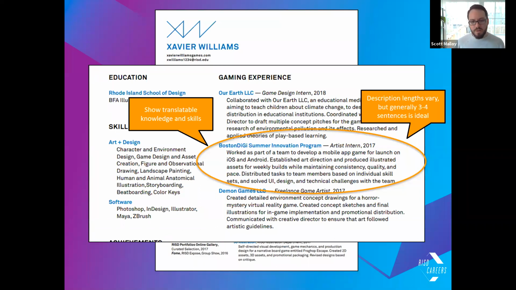Some might be slightly longer than others. But I do advise 3 to 4 lines or 3 to 4 sentences as a good balance, where you're likely to have a description that's effective, that has enough substance, that is showing translatable knowledge and skills, but it's probably not so long that people are getting bogged down or it's difficult for them to read, or the resume is feeling dense or too chunky, so to speak. So it's a guideline, but you can go outside of that guideline.